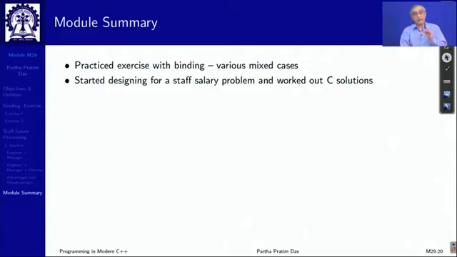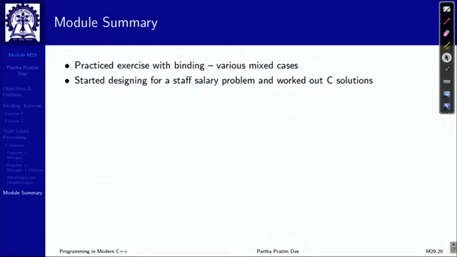We have worked out a C solution, and we have shown the various shortcomings of that design, starting from modeling of the object as well as processing through type switch, as well as being unable to use function pointers and so on, which in the next module we will keep on refining with C++ and go to a better design. Thank you very much for your attention. See you in the next module.